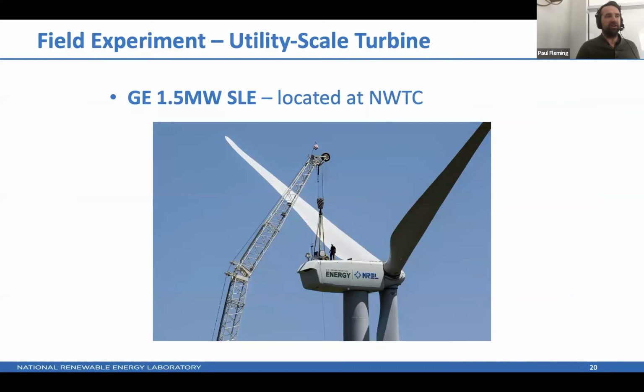So it's a LiDAR that has a beam that's being reflected through 2 mirrors so that it can run a scanning pattern over the wake behind the turbine. So that's what you see here, this pattern. And it's a pulse LiDAR, so it can see 5 different distances at once.